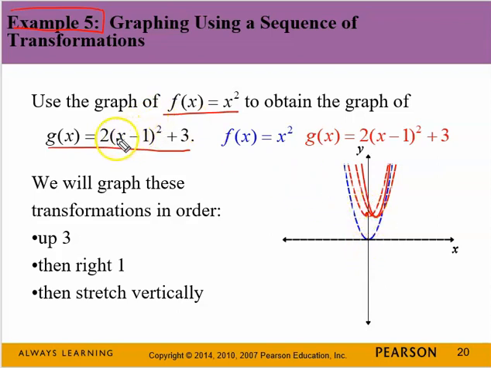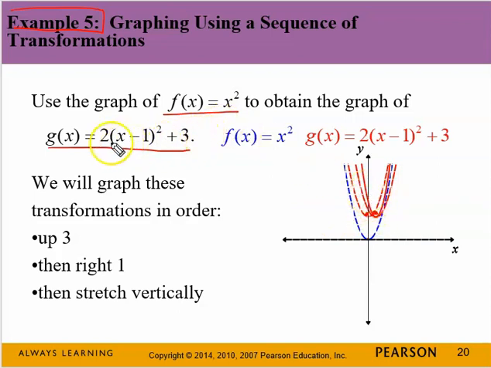Now, internally, we have a horizontal transformation. This is a -1, so it's actually going to become a +1. So we move it over 1 this way.